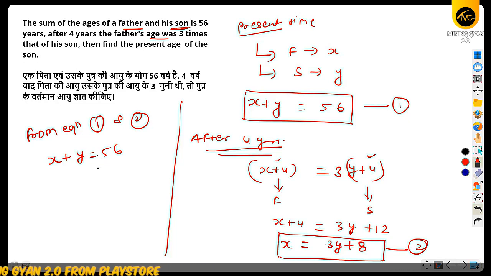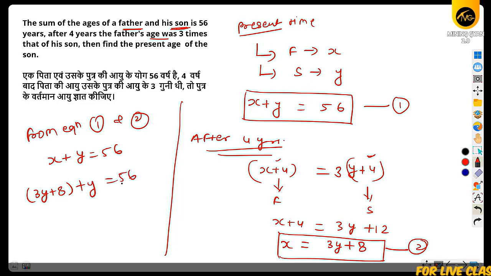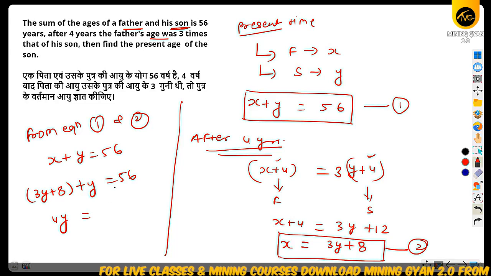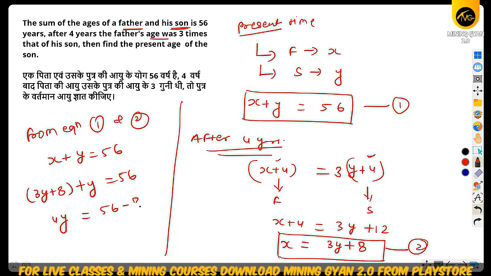And we have the value of X from equation number 2. Just put down the value of X, which is 3Y plus 8, plus Y is equal to 56, right? And 3Y plus 8 plus Y, that means 4Y is equal to 56 minus 8.